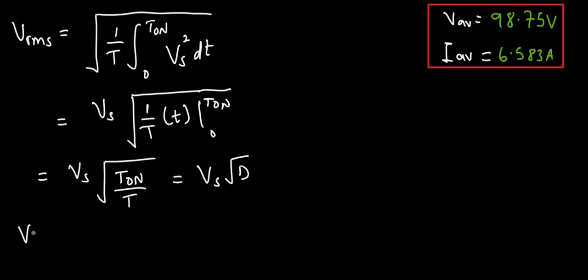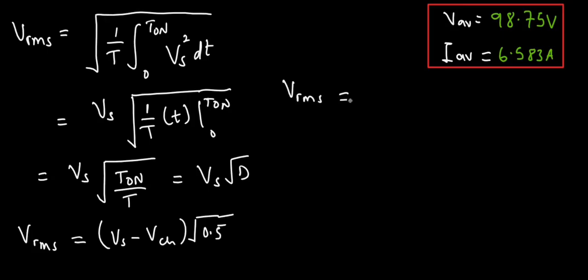So VRMS is the same thing as Vs root d. Don't forget our Vs, we said our Vs is 200 minus V chopper, multiplied by root d. d is 0.5. So we have VRMS equal to 139.65 volts.